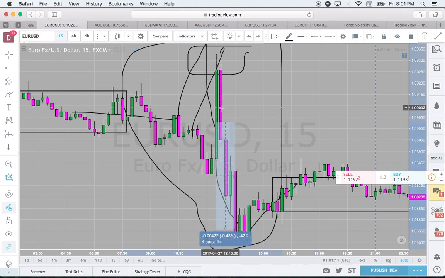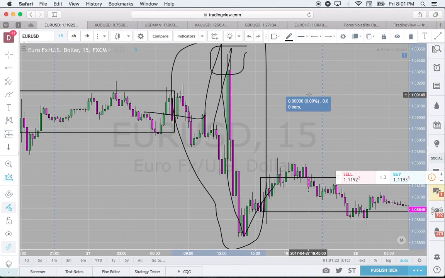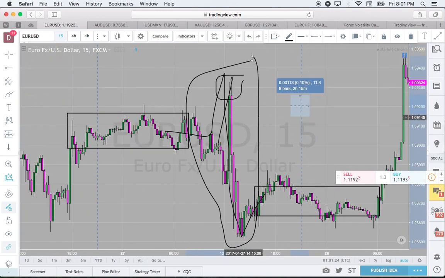This was 1, 2, 3, 4, 5 bars. 1 hour, 1 hour 15 minutes. The entire daily range was filled in 1 hour. The whole other 24 hours of the day, or I should say 23 hours of the day, consisted of consolidation.